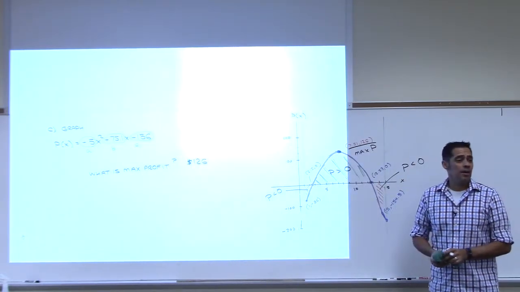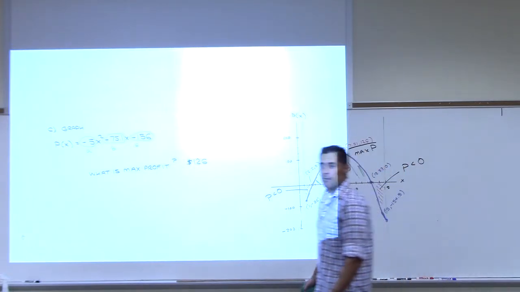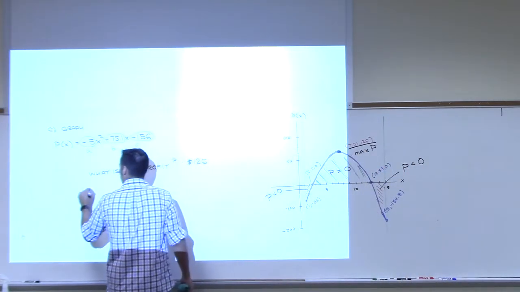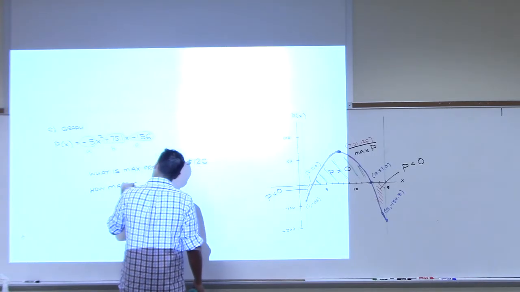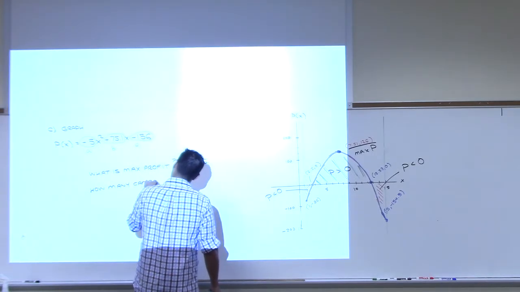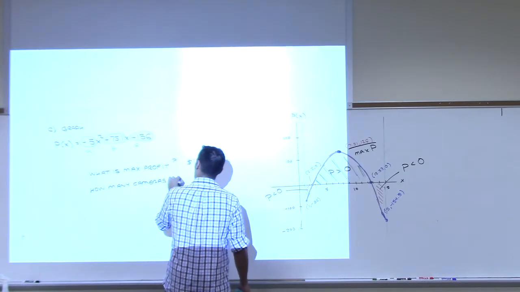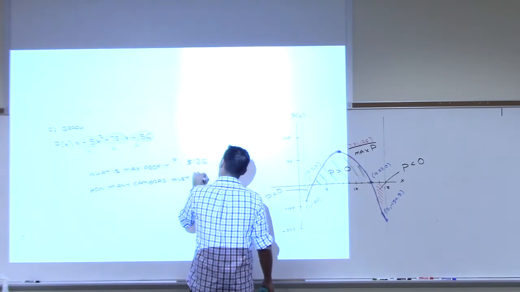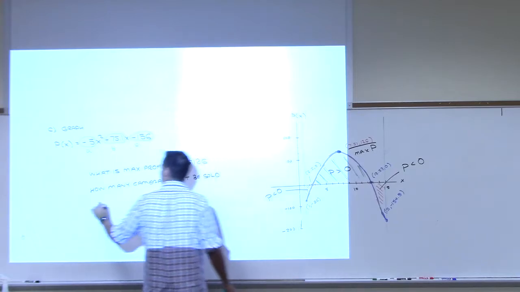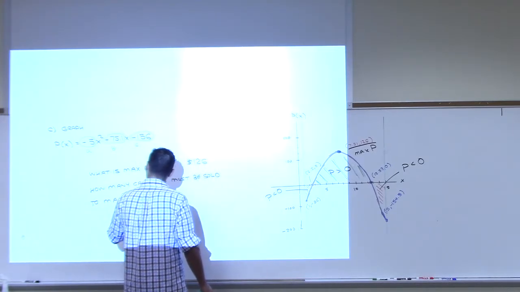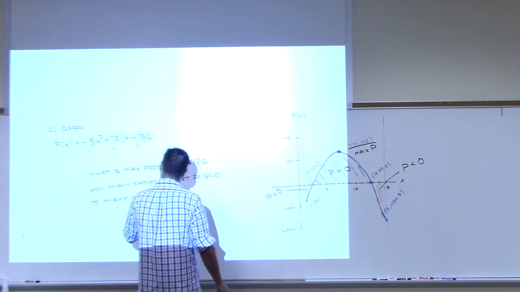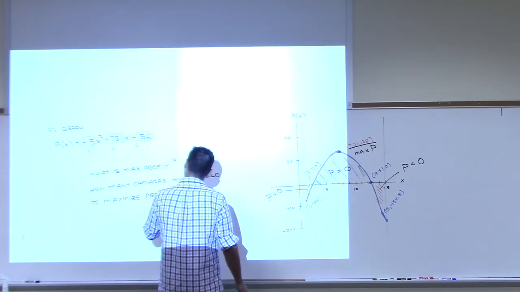How many cameras must we manufacture and sell to make the maximum profit? How many cameras? 7.5. Yeah. Cameras to be sold to maximize profit.